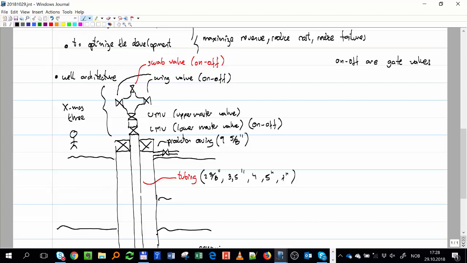Gate in the sense that you have a port. You know how a gate valve is, right? No? Okay, I have something like this, and something like that. Here I have the main pipe. Let's see if I can make it.